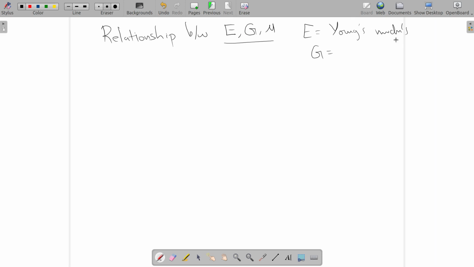Young's modulus is also known as the modulus of elasticity, and shear modulus is also known as the modulus of rigidity.